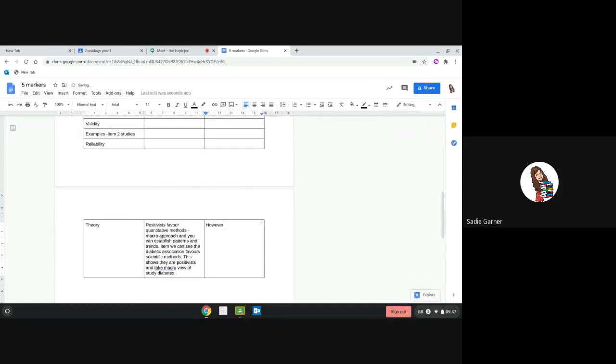Interpretivists don't value quantitative methods, as they don't allow you to understand the meaning people attach to their actions or behaviours.